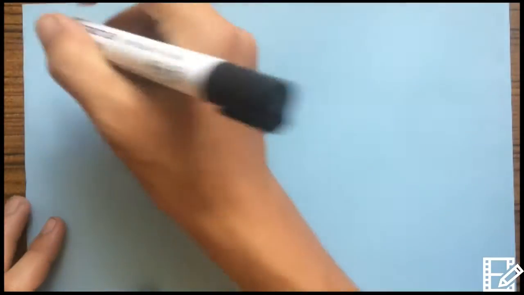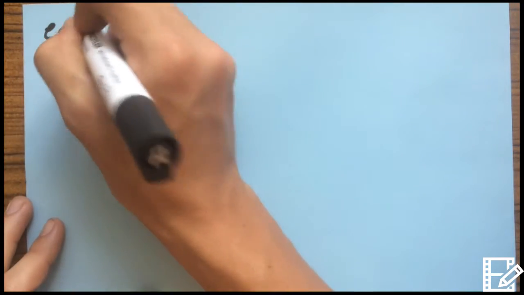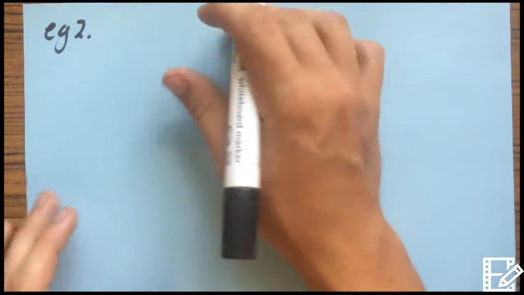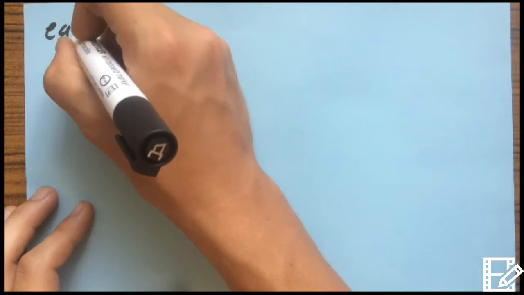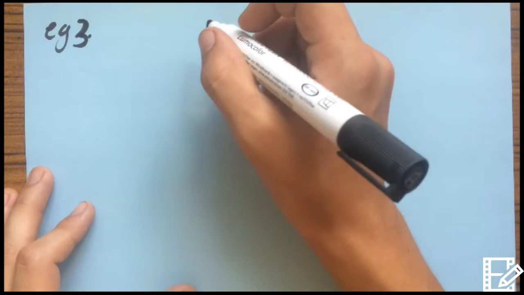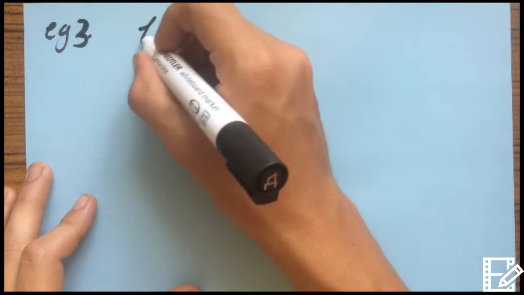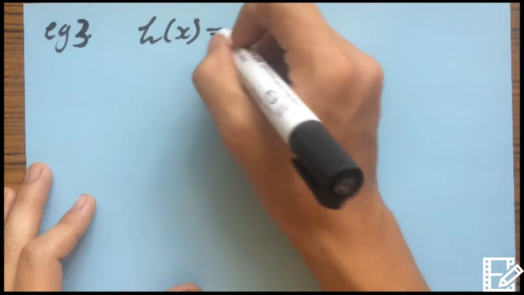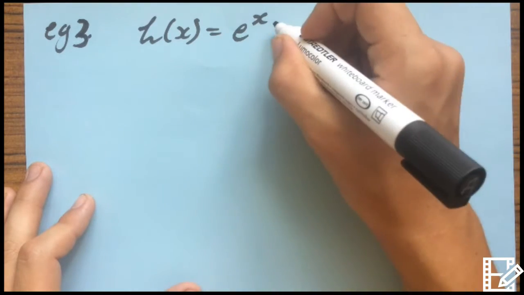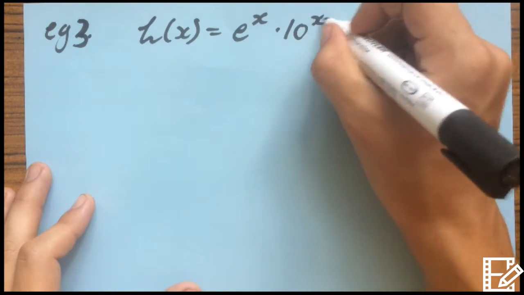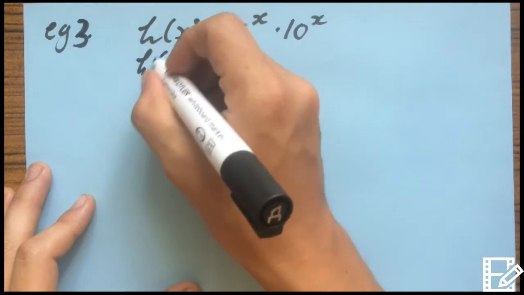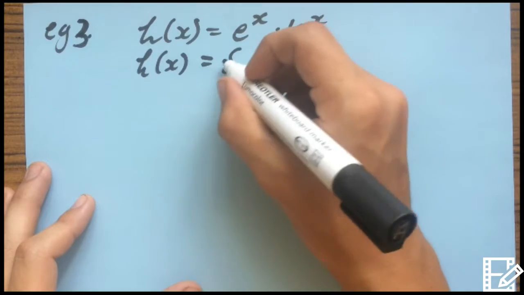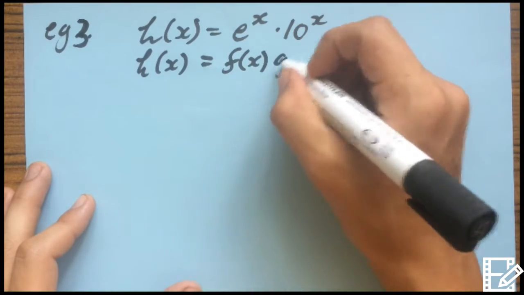We do a second example, or more like a third example. Okay, so say we have e to the power of x multiplied by 10 to the power of x. We have our first function and our second function.